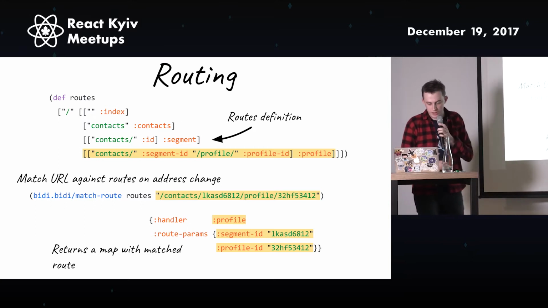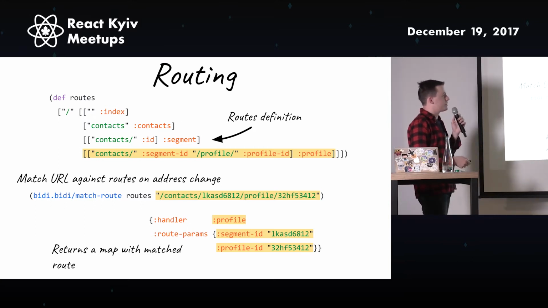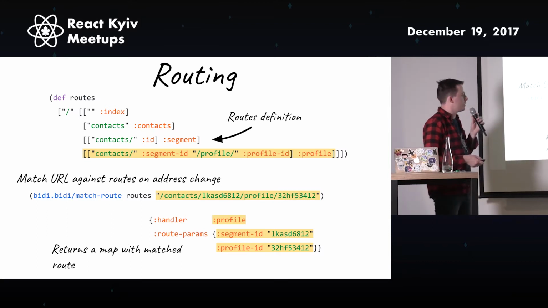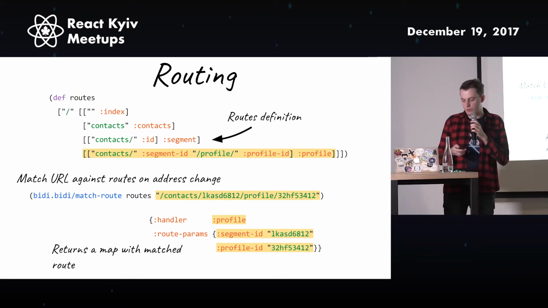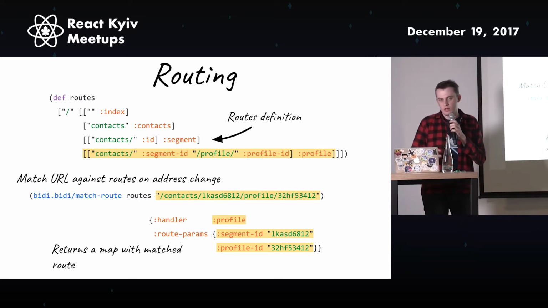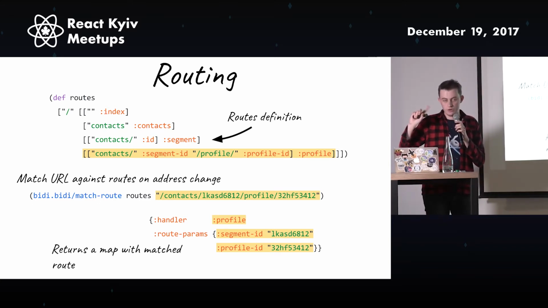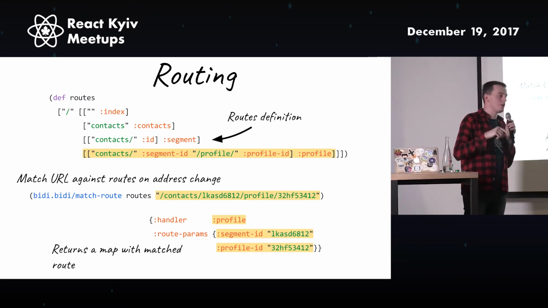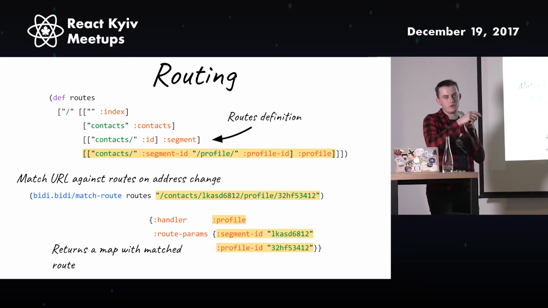Routing. Routing is also a little bit different. We are not using any special library that handles everything, but we are using 2 libraries which do different things. One library is for listening to the on-change event on the URL, and the other library is to match route definitions against that URL.